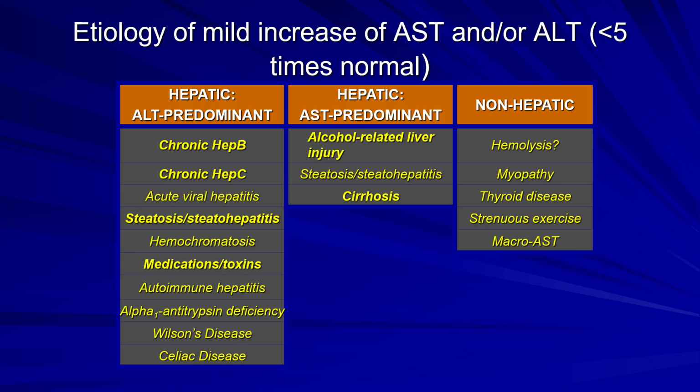Remember that the AST or SGOT is not specific for the liver and is present in multiple other organs, and therefore it can increase in hemolysis, in muscle diseases, myopathy, in thyroid disease. It can increase also after strenuous exercise.